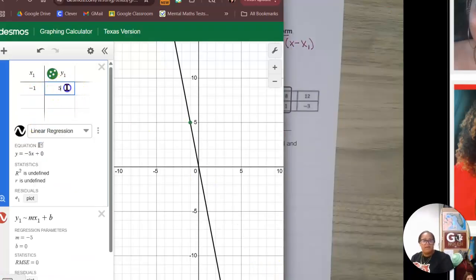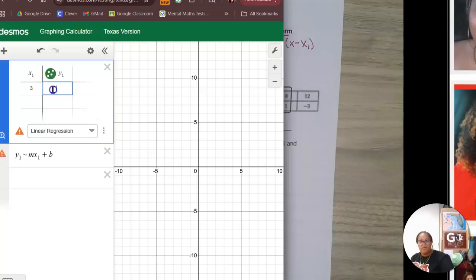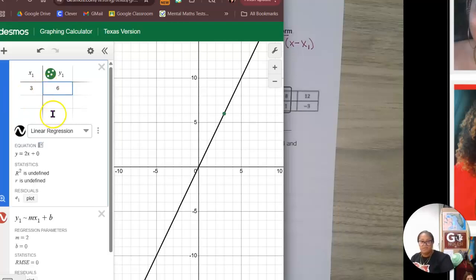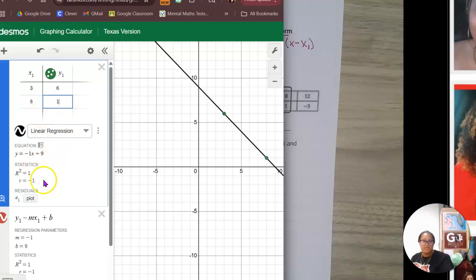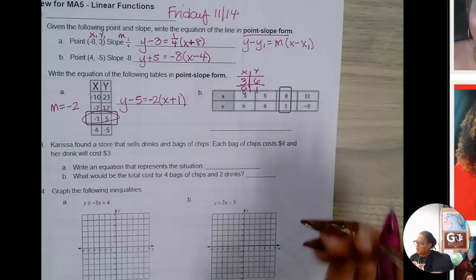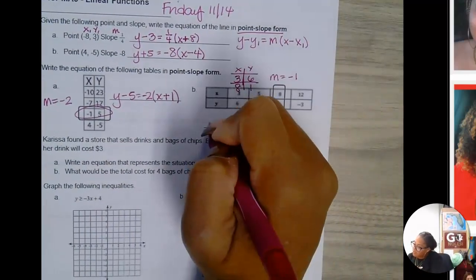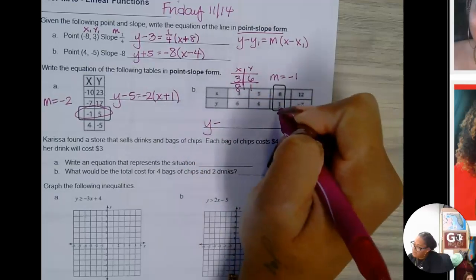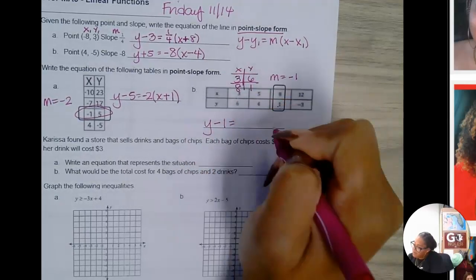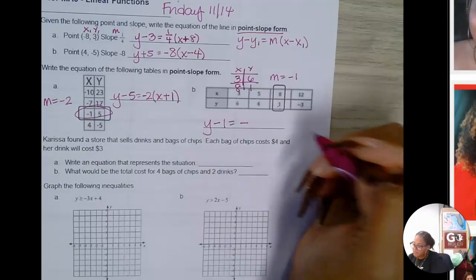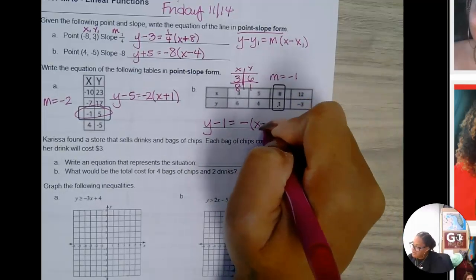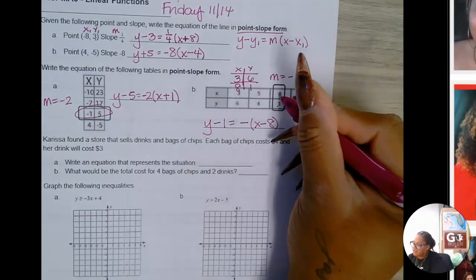Clear this guy. 3, 6, and 8, 1. My slope is negative 1. So this will look like y minus my y1, which is 1, equals, I can put just a negative symbol here, and then x minus 8, because that's my x value.